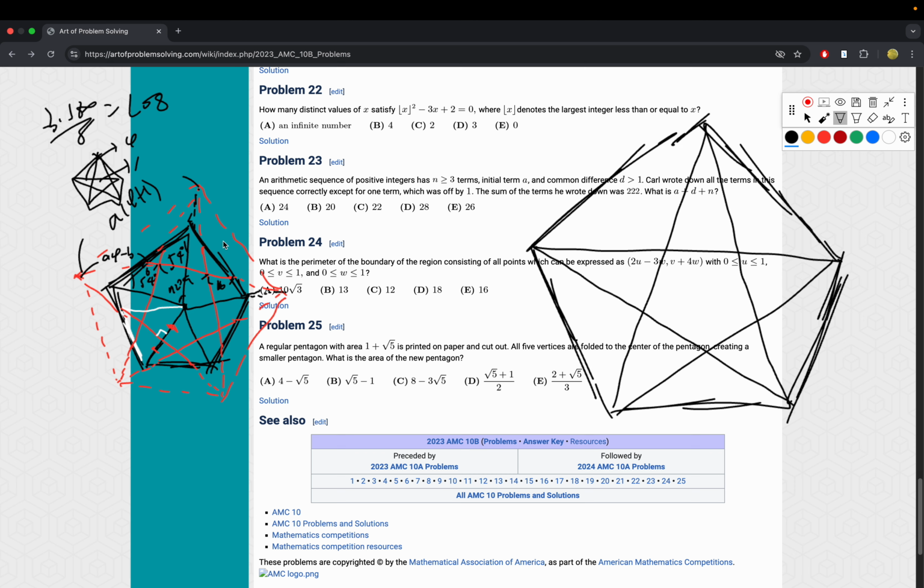And how do we find the one in the middle? Oh yeah, let me. So they all share the center.